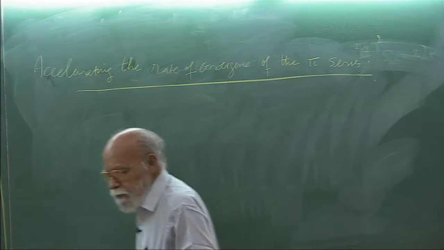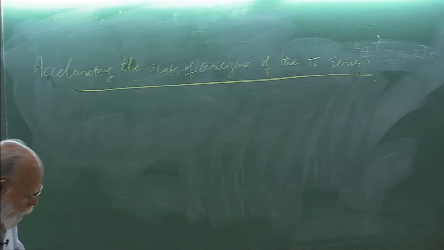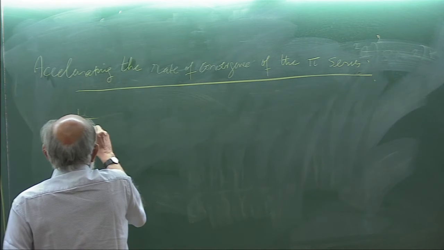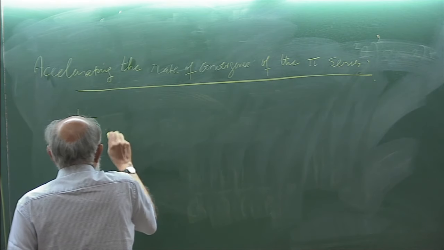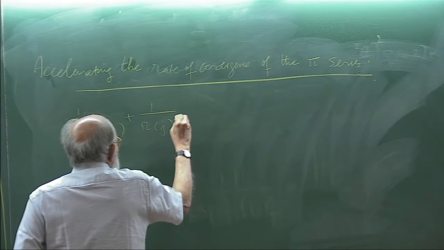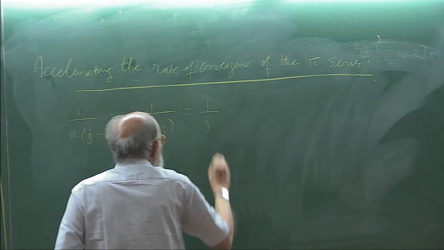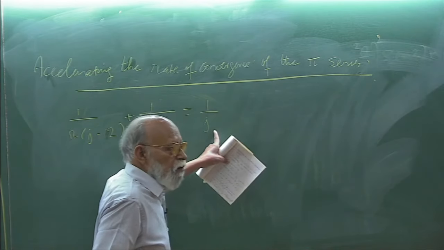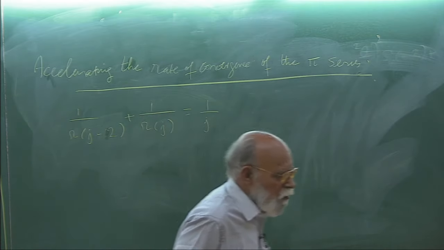You start with the functional equation for the remainder. What is that? 1 over R_{j-1} minus... 1 over R_{j-2} plus 1 over R_j is equal to 1 over j. Whereas the pi series is 1 over j: 1 minus 1/3 plus 1/5 and so on.